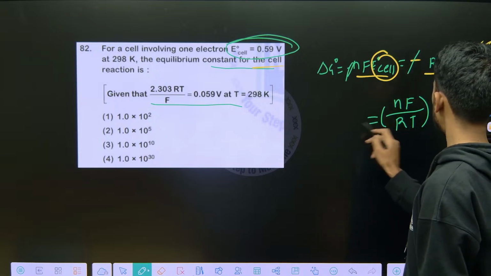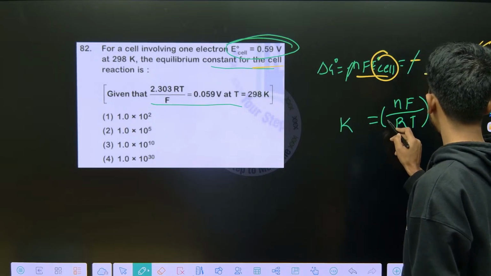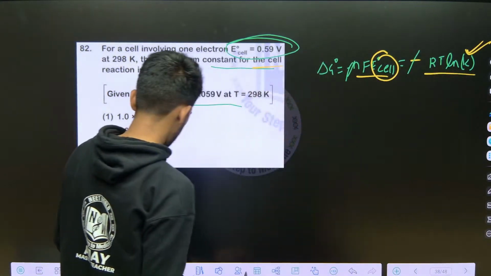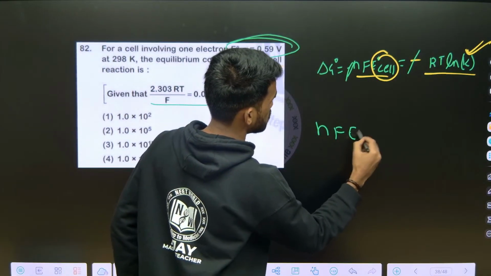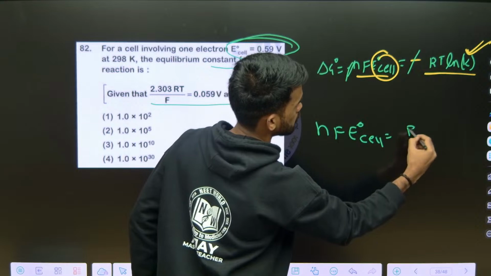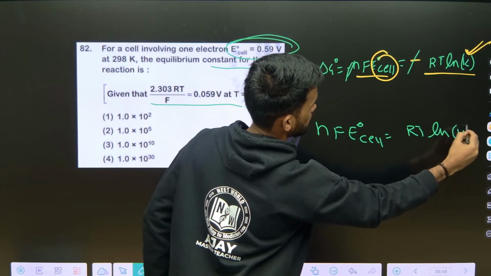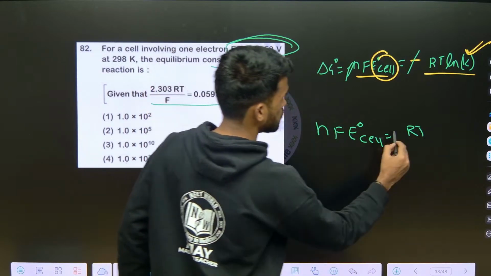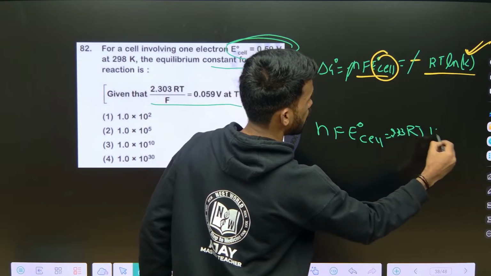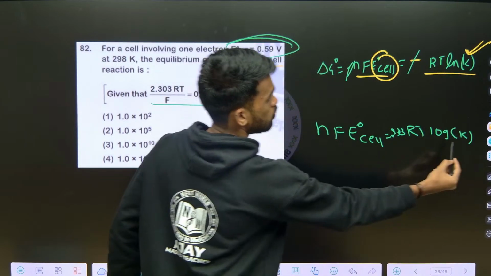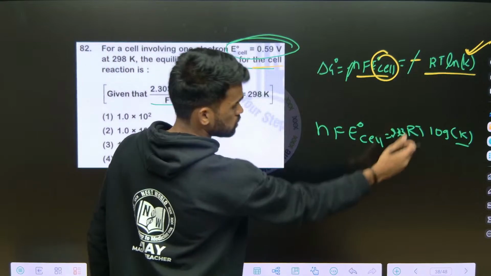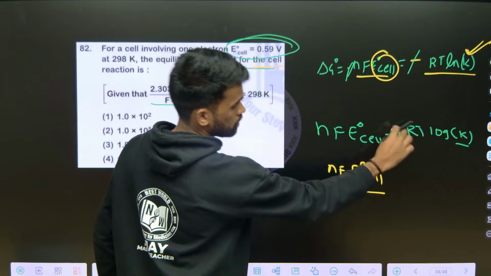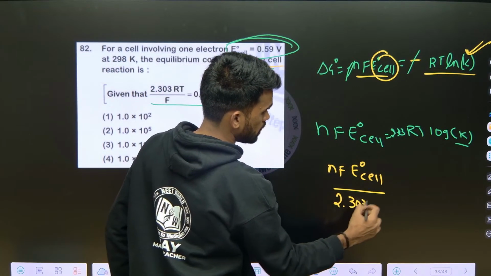I will make it more clear. nF E0 cell equals RT ln K. I want K now, so I am writing in terms of log: 2.303 log K. Remaining things go to the other side: nF E0 cell by 2.303 RT.